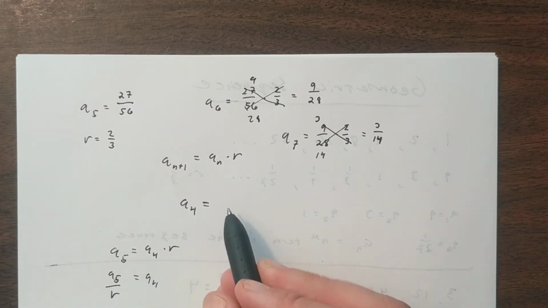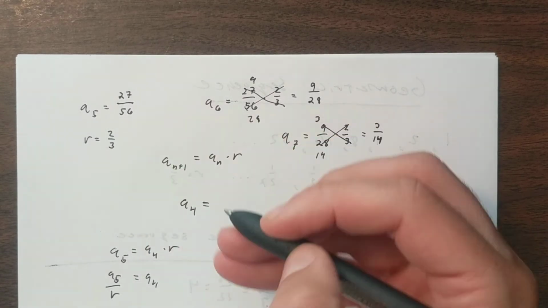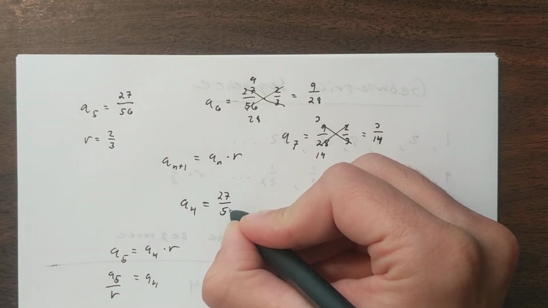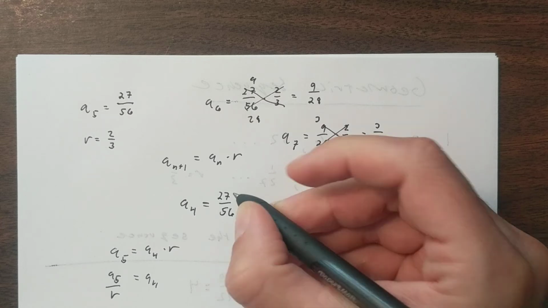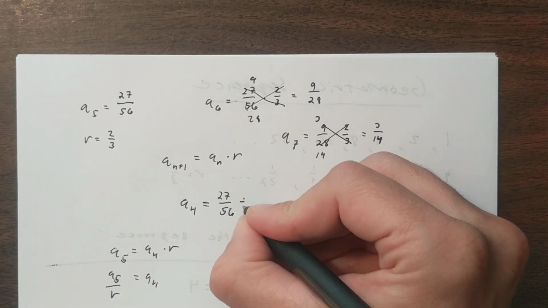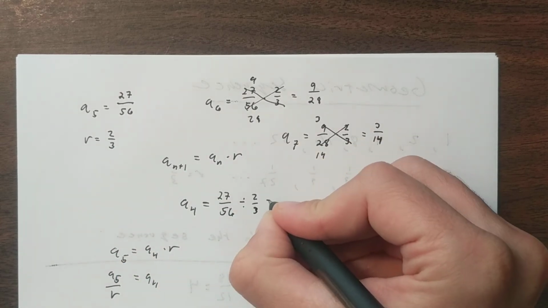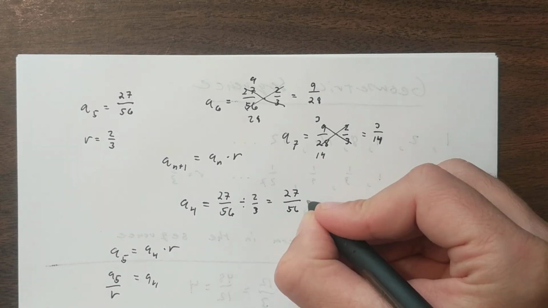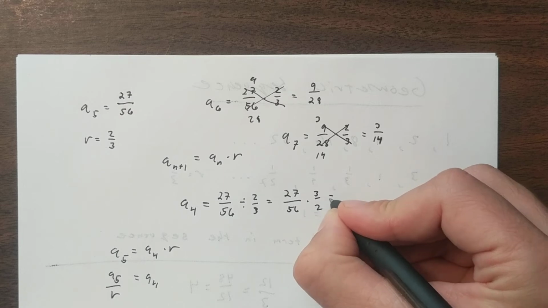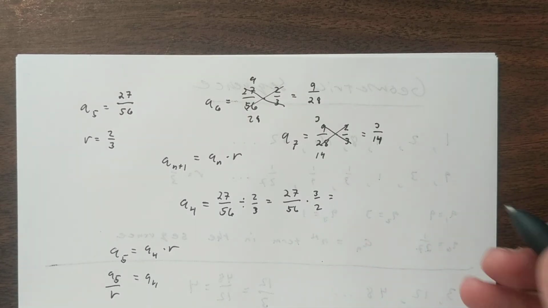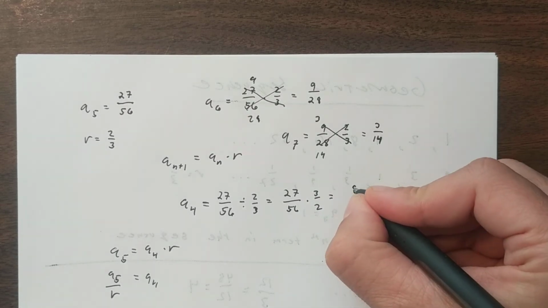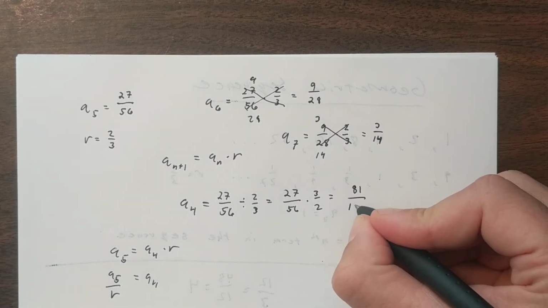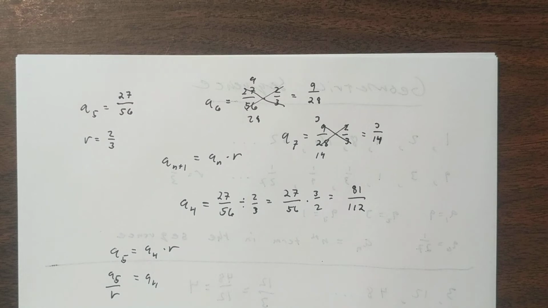Pretty simple idea. So I'm going to take my fifth term, and I'm going to divide it by r. In other words, I'm going to take 27 over 56, and multiply it by 3/2, which nothing cancels here, which is kind of ugly, but that's okay. 81 over 112.